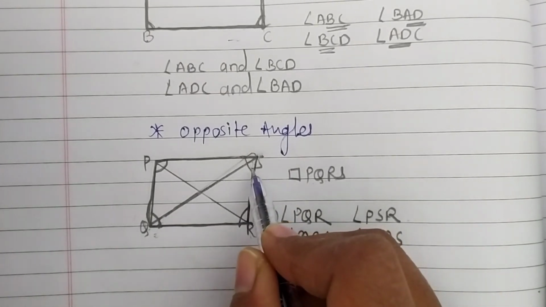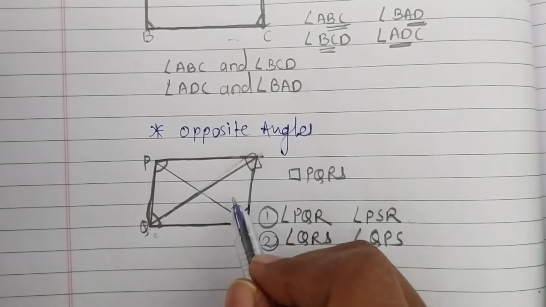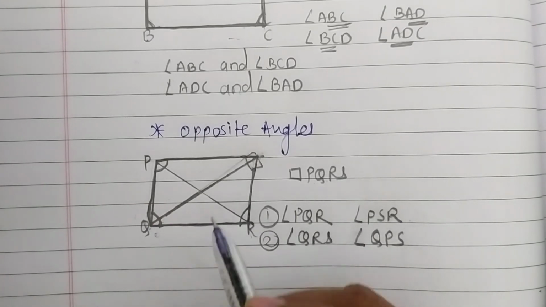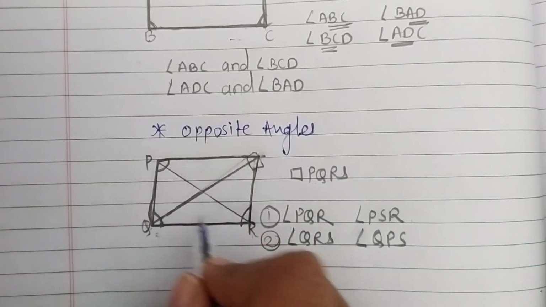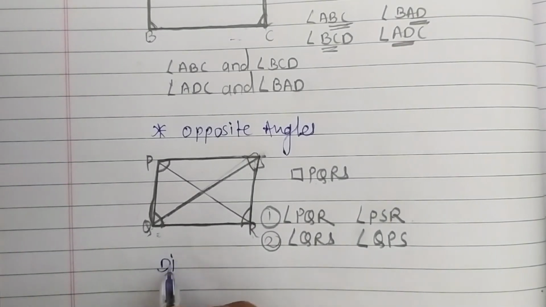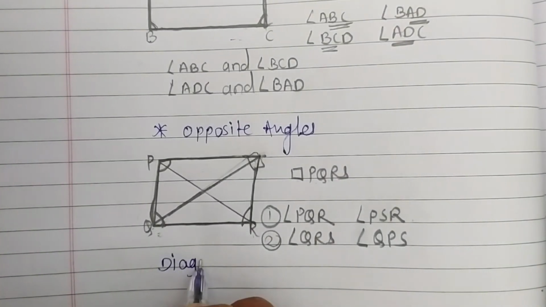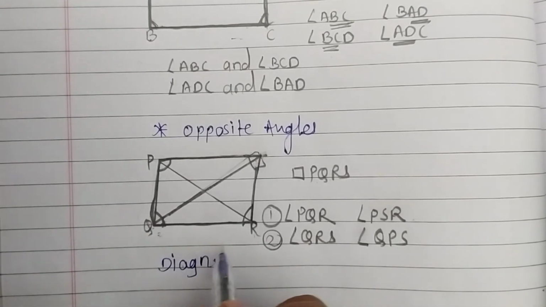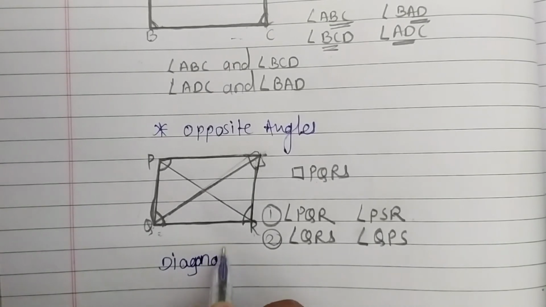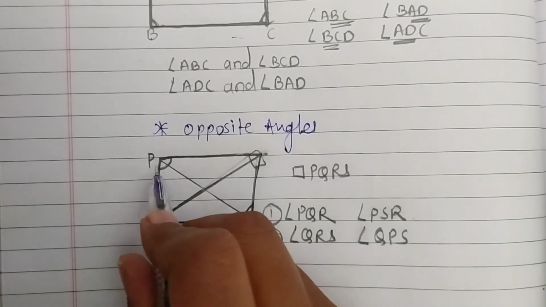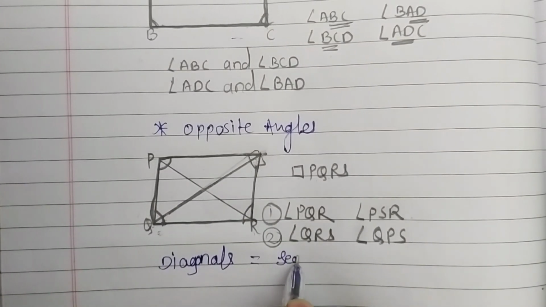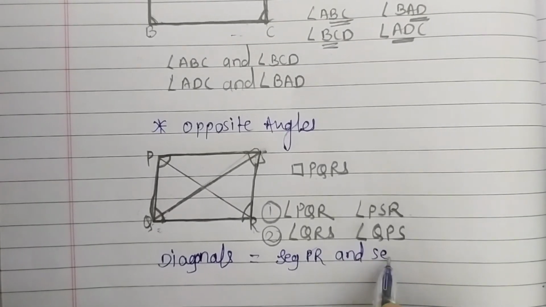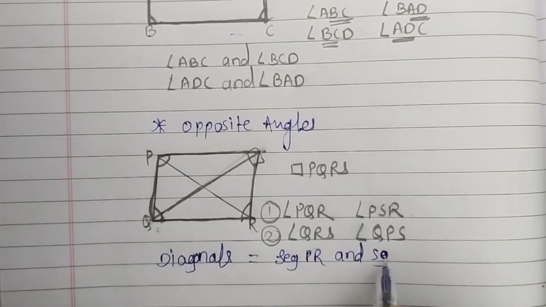Line segments which join the vertices of the opposite angles of a quadrilateral are the diagonals of the quadrilateral. So here diagonals are segment PR and segment QS.